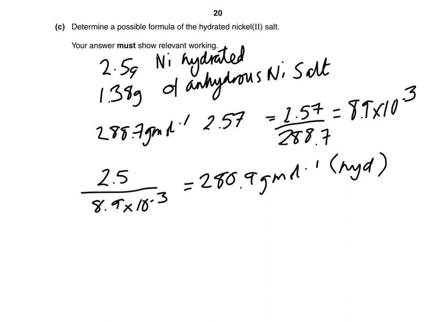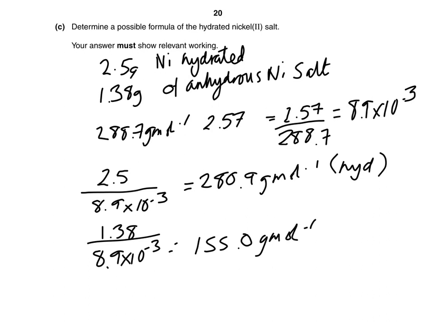Now, the second sample was also 2.5 grams, so it's going to have the same number of moles. The anhydrous salt is going to have a molar mass of 1.38 divided by the number of moles, giving us 155.0 grams per mole. That's the anhydrous.